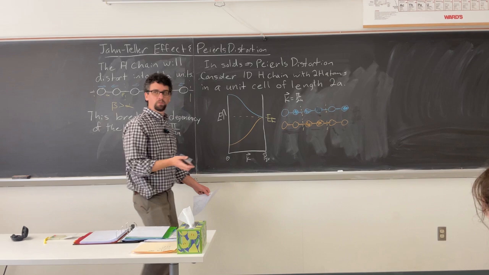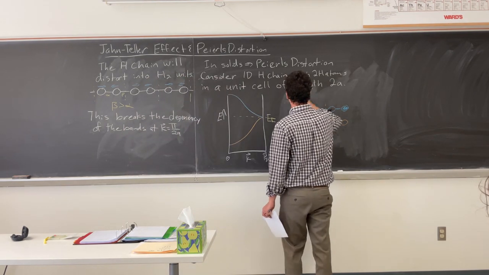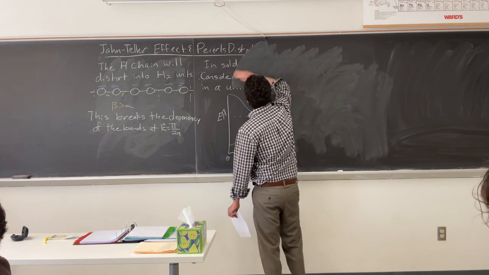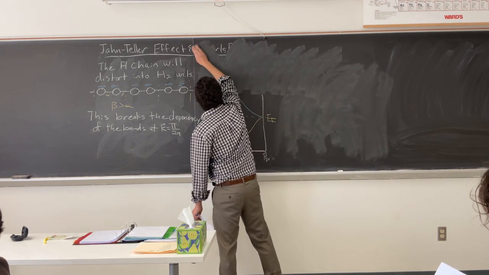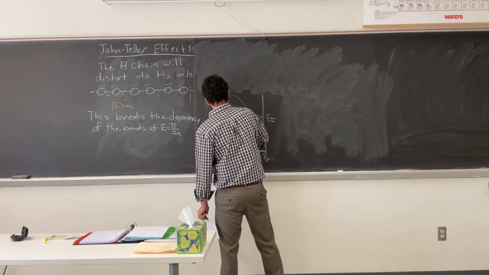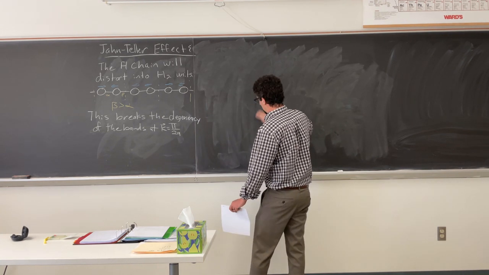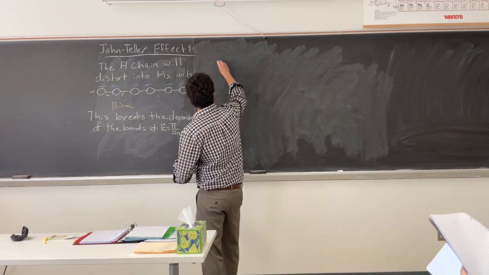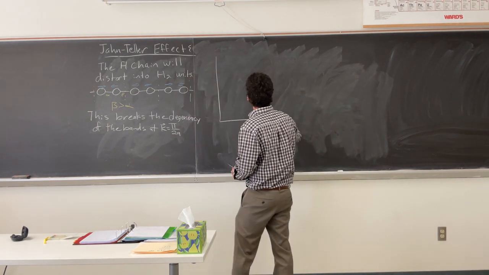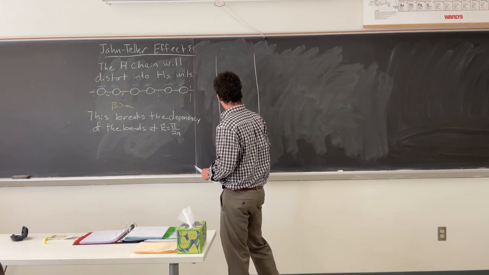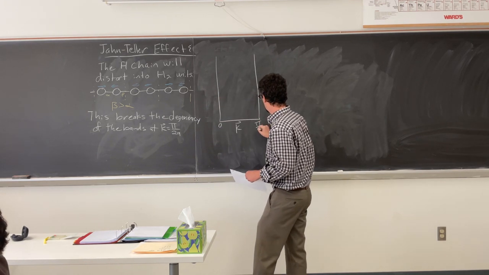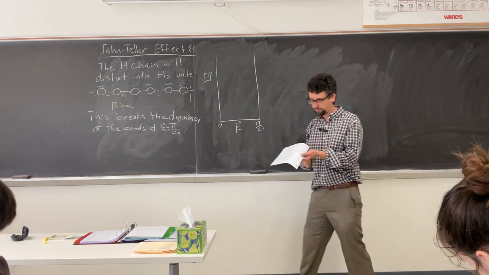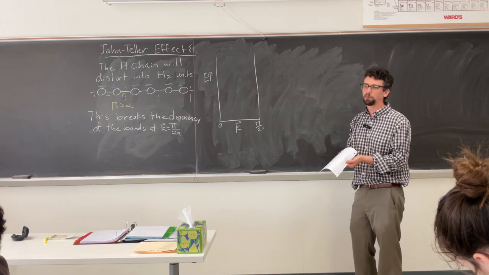So I'm going to erase this, but we'll draw it again. K, 0, pi over 2a, energy. Okay, let's plot this out again. I can't remember which color I had which.